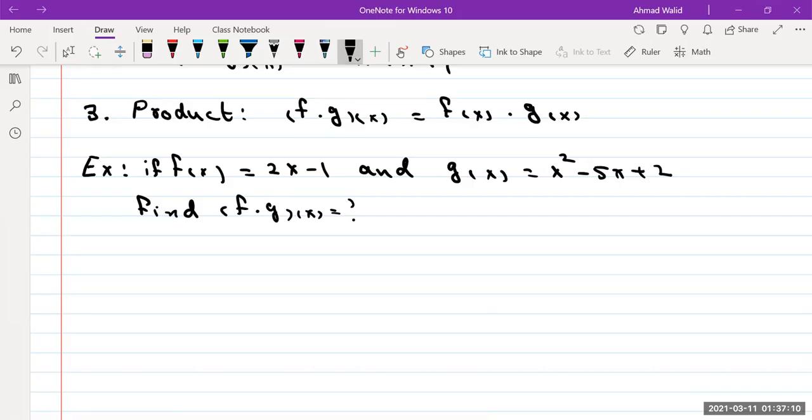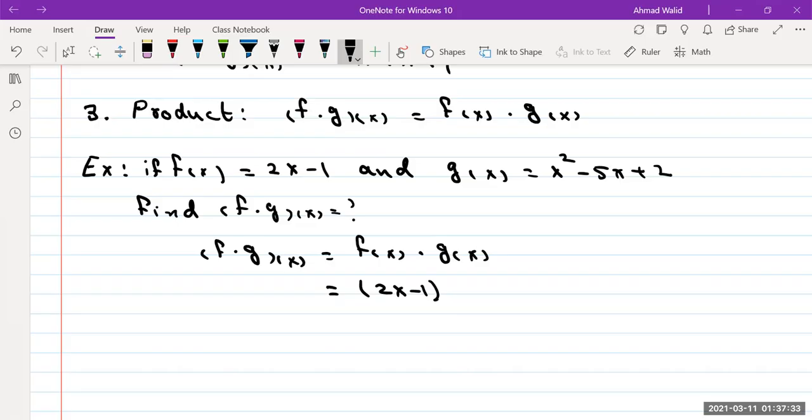Now, f times g of x equals f of x times g of x. Correct? Replace the values. Your f of x is 2x minus 1.